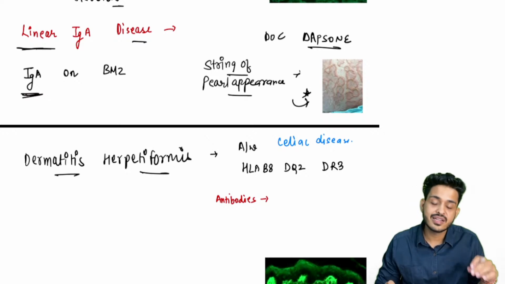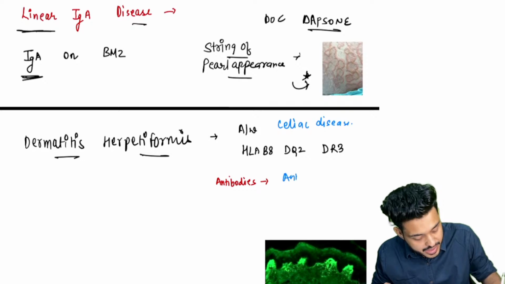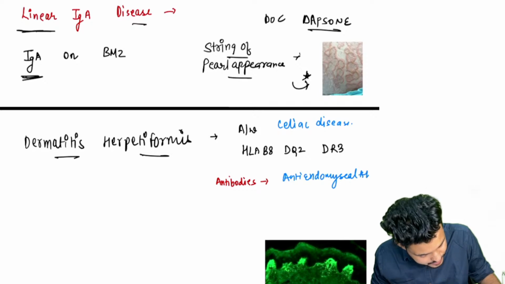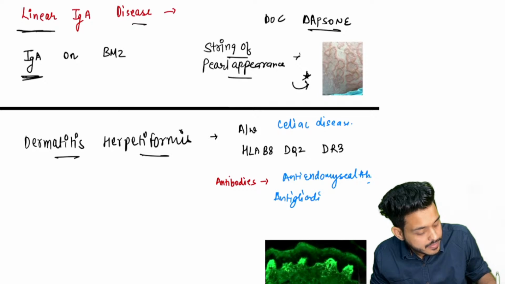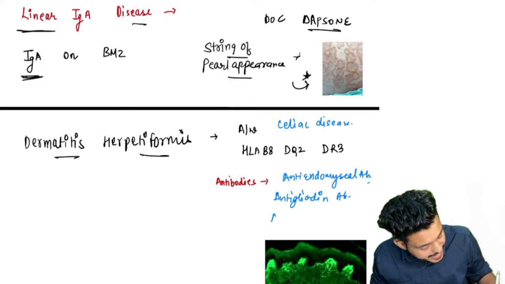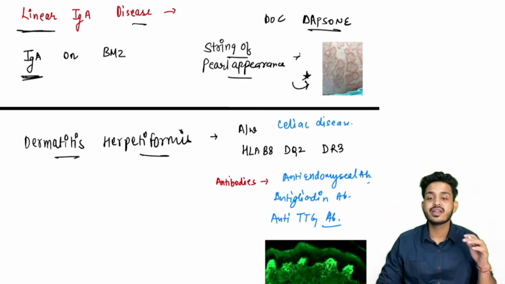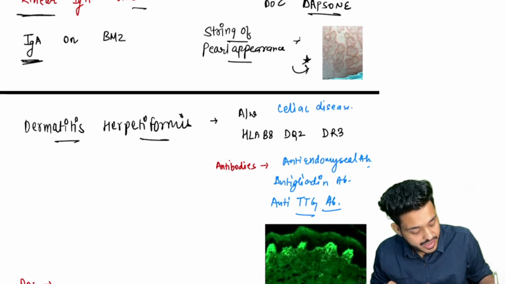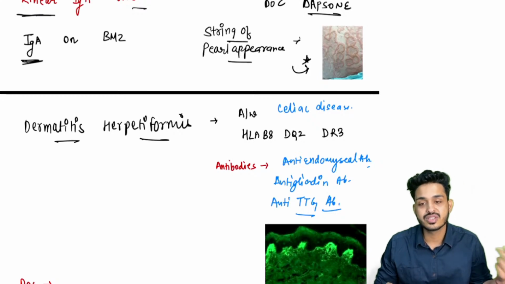Okay, and it is associated with three antibodies: anti-endomysial antibody, anti-gliadin antibody, and anti-TTG antibody, that is tissue transglutaminase antibody, that we can do for the celiac disease as well as dermatitis herpetiformis.